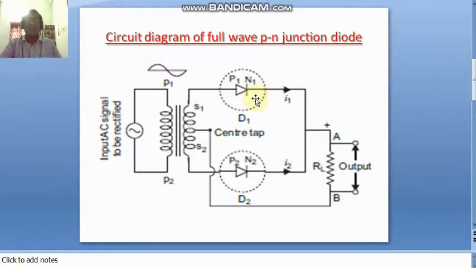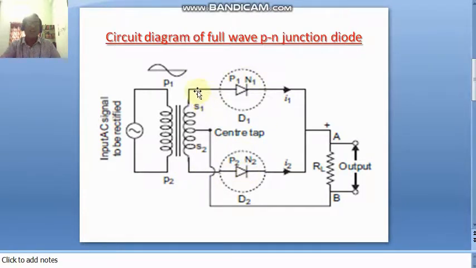Here the current passing through the first diode is I1, and the current passing through the second diode is I2. I1 and I2 enter the load resistance, and we take the output between the two terminals of this load resistance. But the speciality of this full wave rectifier is that it is centrally tapped. Centrally tapped means that for some time the S1 terminal acts as positive for the first diode and negative for the second diode.